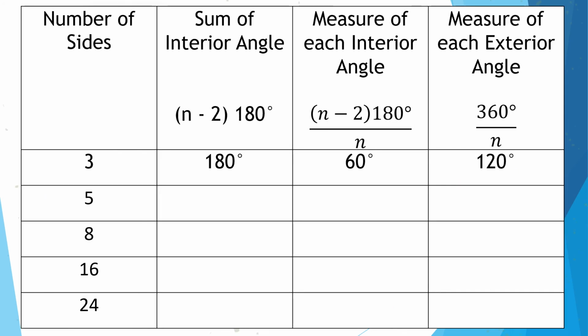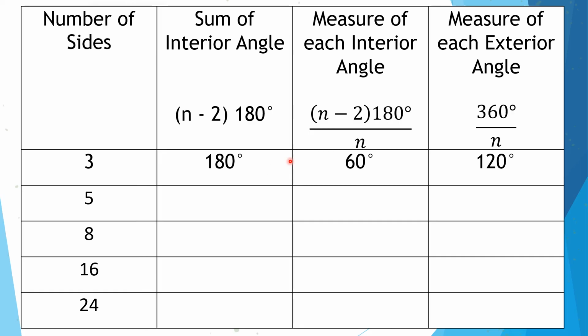Let us try to answer these exercises. Number of sides is 3. For the sum of interior angles, we use the formula n minus 2 times 180 degrees, where n is the number of sides. 3 minus 2 is equal to 1, times 180 degrees is equal to 180 degrees.